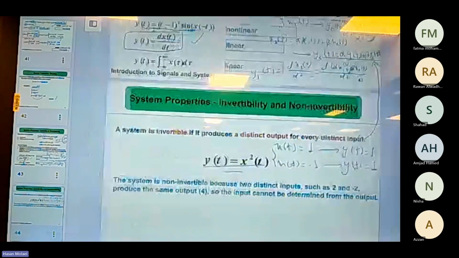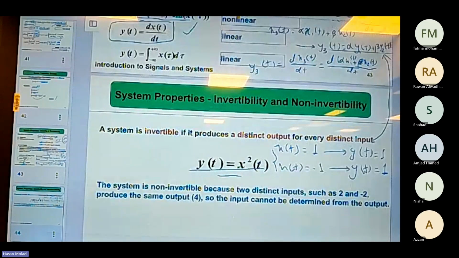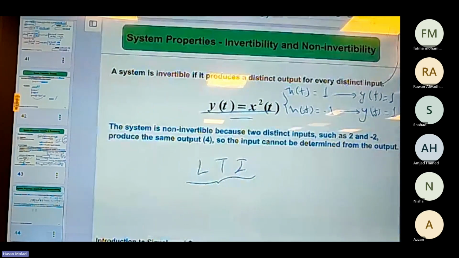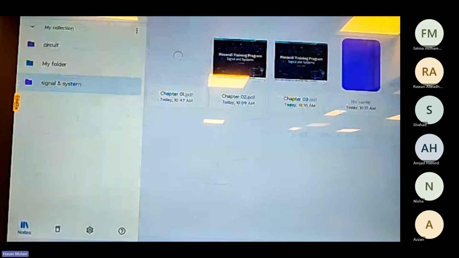So these were the properties of the system. After this, we are dealing with LTI systems, which are linear time invariant. Why are they important?